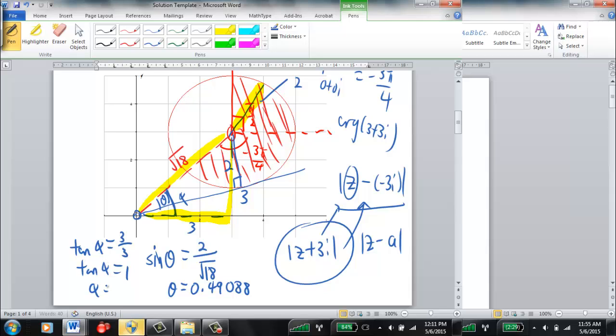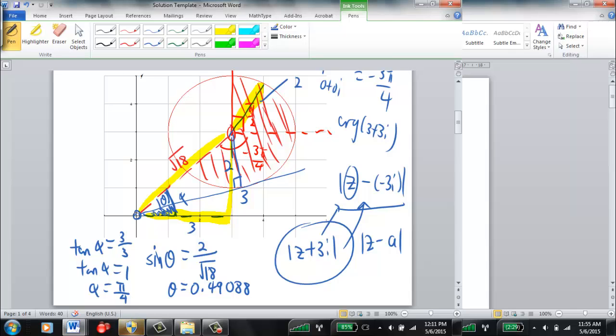So alpha equals pi over 4. Right? So if alpha is pi over 4 and theta is 0.49088, definitely this angle here, which I want to find, which is the smallest, the least arg z, is simply alpha minus theta.